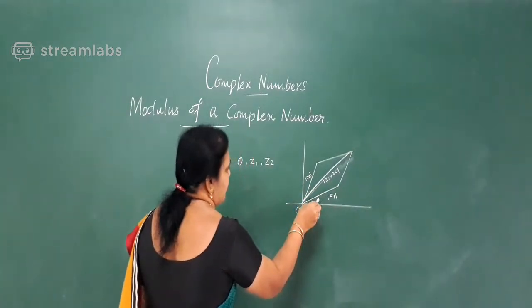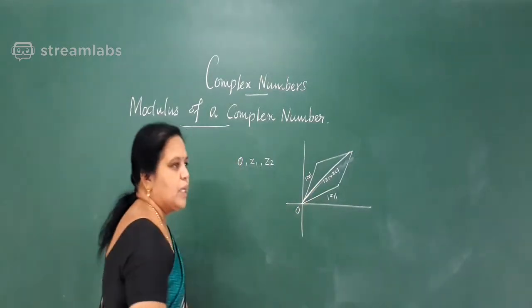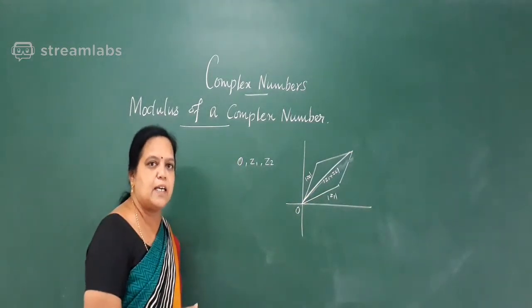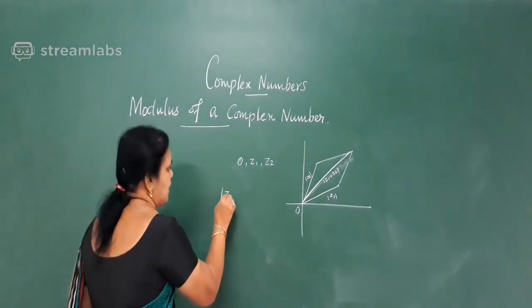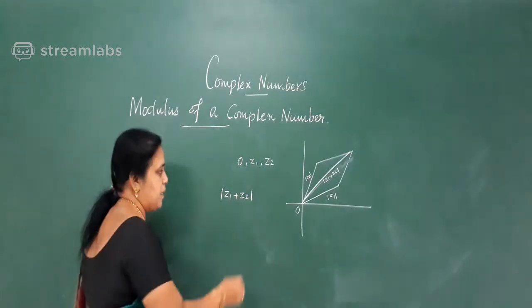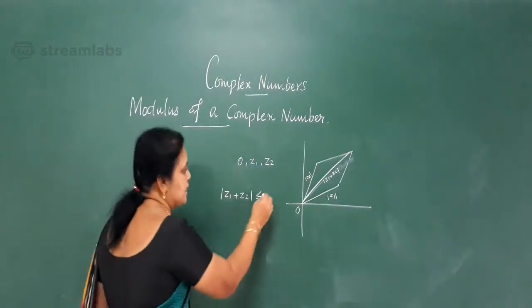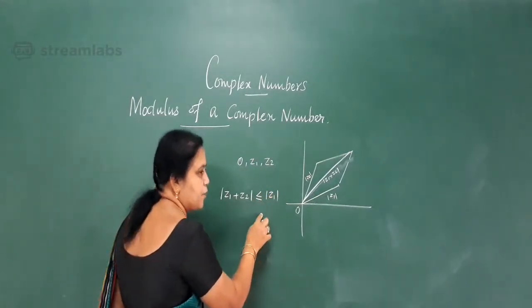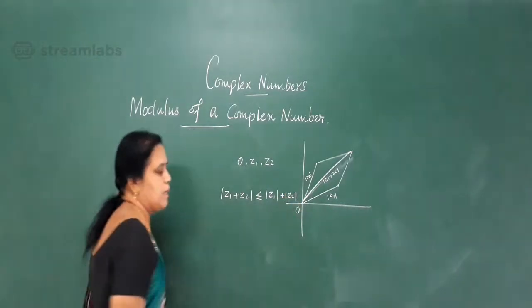Here, if you are finding this modulus z1 plus z2, it cannot be greater than the sum of the remaining two sides. What is the meaning? Modulus z1 plus z2 cannot be greater than, meaning it is necessarily less than or equal to, the sum of the remaining two sides. This is the meaning.